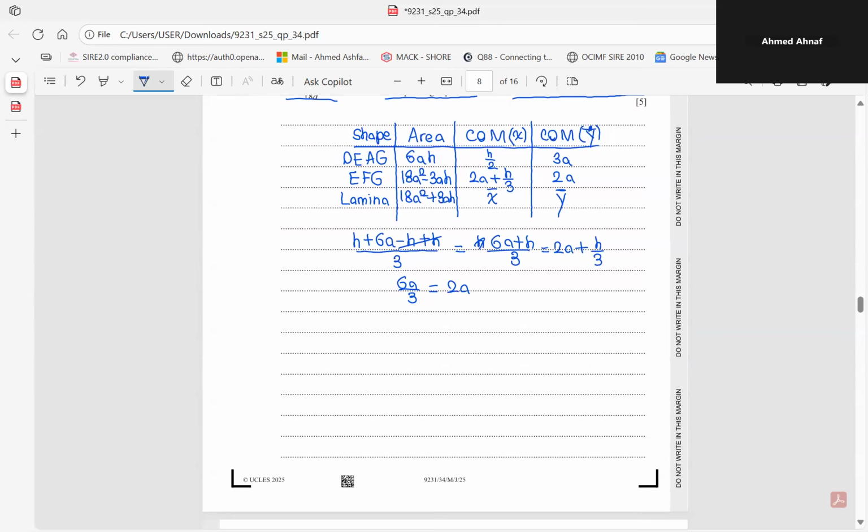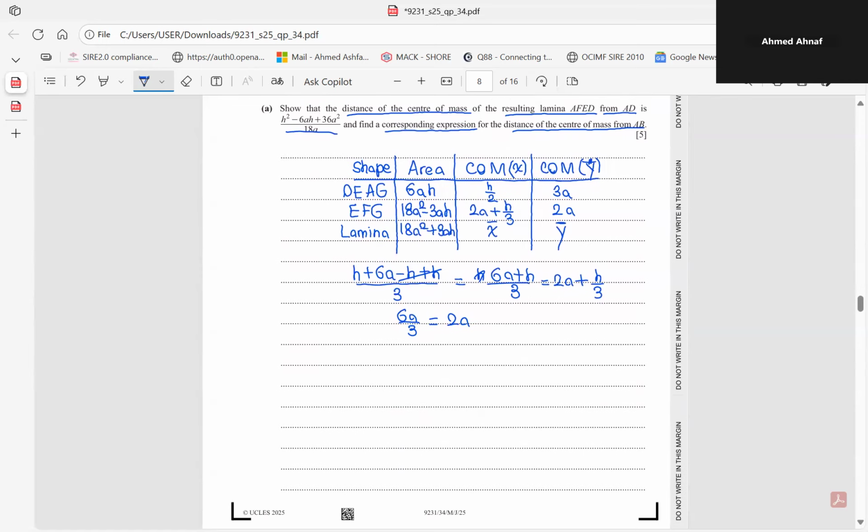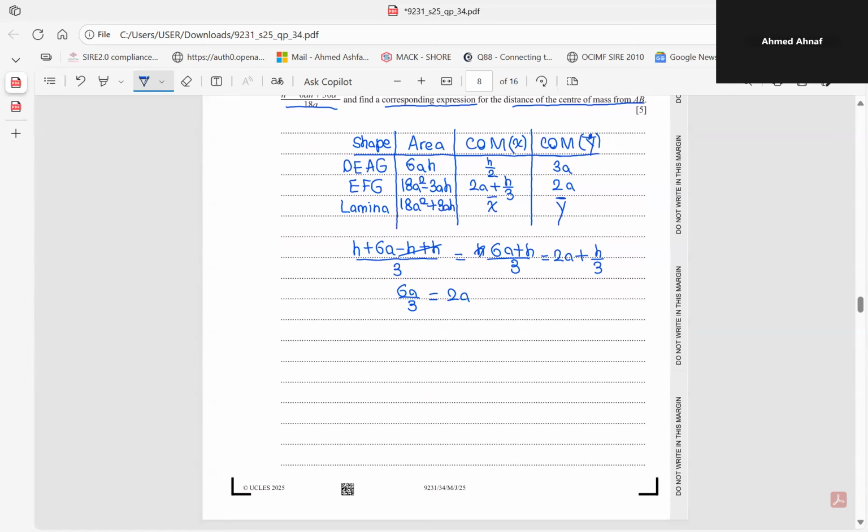To do that, we'll take moments. So you take the moment of the lamina first.